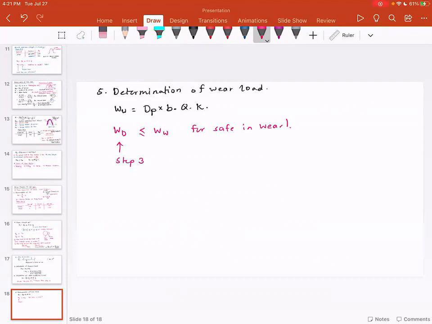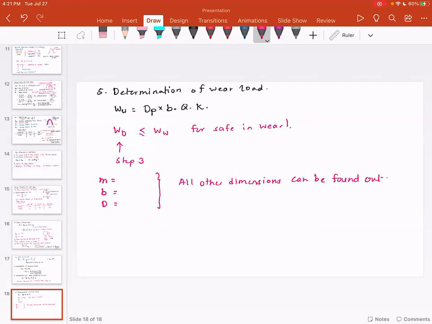And with that, at this point, we have module, we have B, we have D, and we can find all the other dimensions for either gear or pinion.